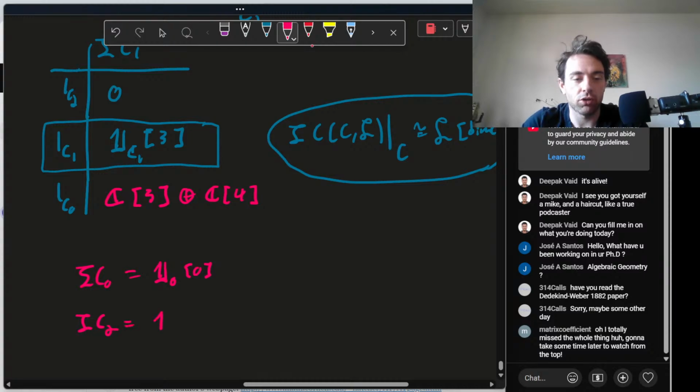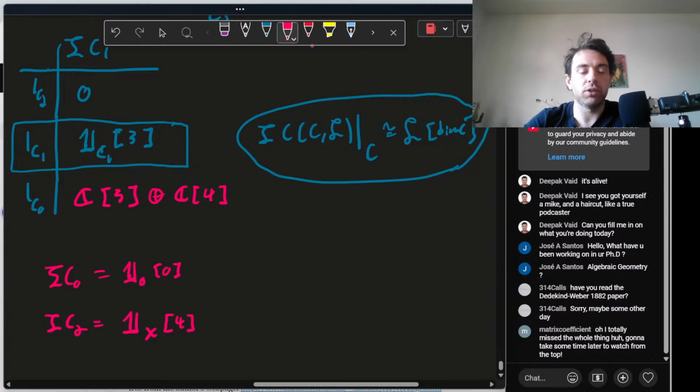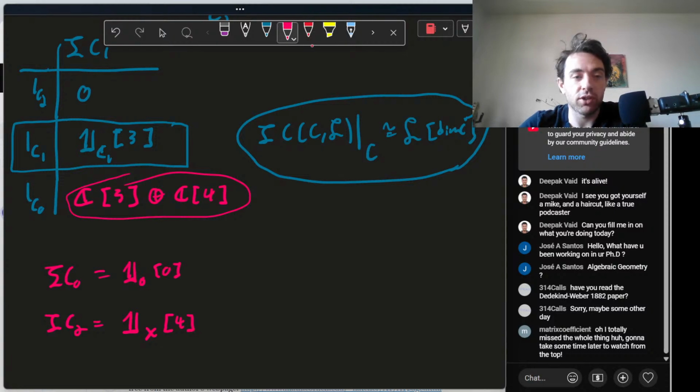IC2 was just the constant sheaf on the whole space in degree 4, because they basically end up being shifted local systems, since the closures of those orbits were smooth.